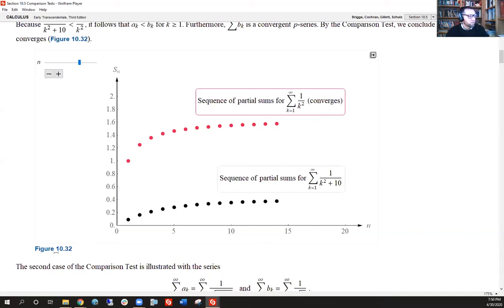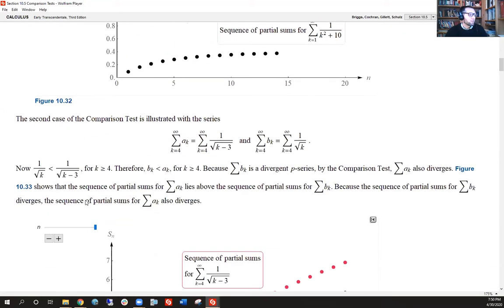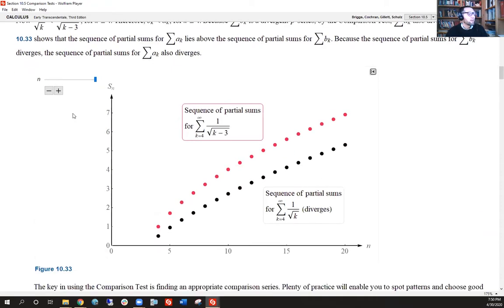I just take note and I go, oh, that's figure 10.32. And later on, I'll take advantage of that fact. I keep reading along and I see the next manipulate. It's doing the same thing, but now the sequence of the known partial sums, the black sequence of partial sums, diverges by the p-series test.